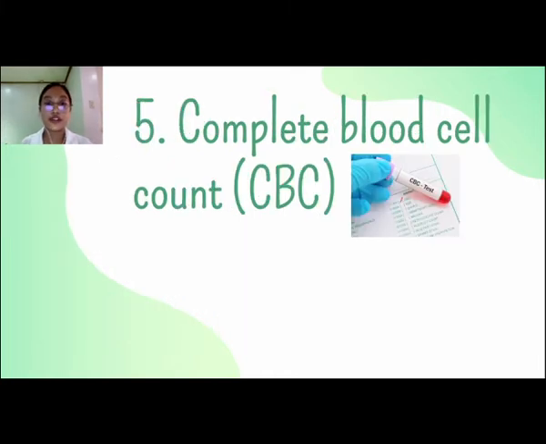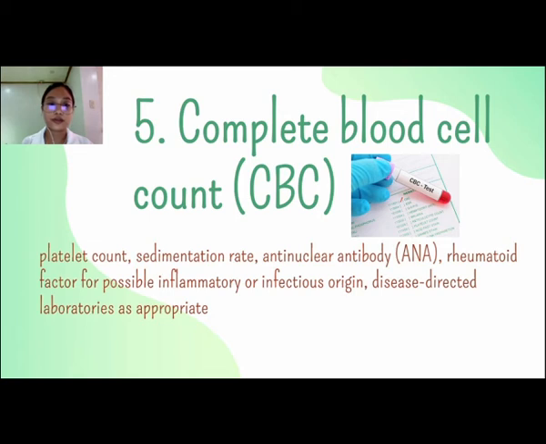Next, number 5 is complete blood cell count. This test will determine platelet count, sedimentation rate, antinuclear antibody or ANA, and rheumatoid factor for possible inflammatory or infectious origin, and disease-directed laboratories as appropriate.